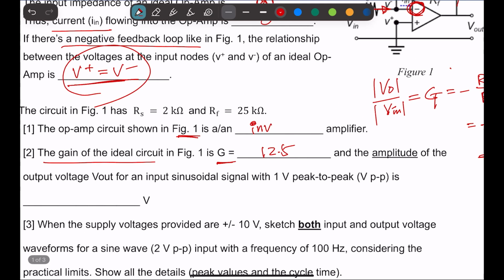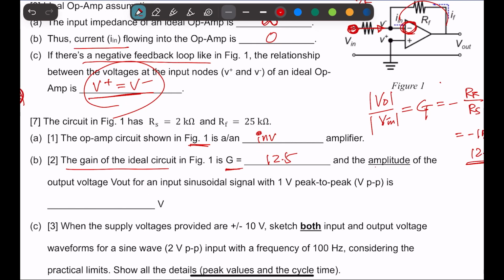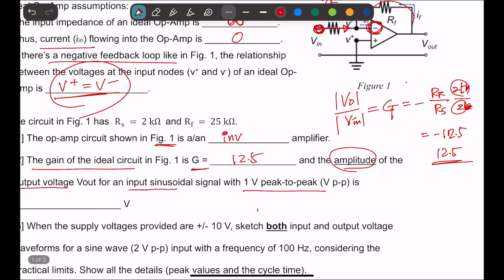The next problem is looking for the amplitude of the output voltage if we had an input that was a sine wave having 1 volt peak to peak. So we have a 1 volt peak to peak signal going in, and we have 12.5 times greater gain.